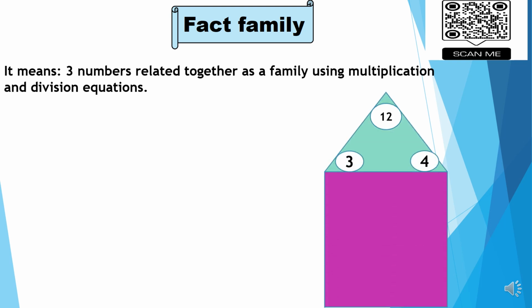We have our home here for this family, and this family consists of three numbers: the big number, which will be on the top, and two other numbers. We will express this family and relate it by four equations, two multiplication and two division. We have three numbers here. Let's write the first one.